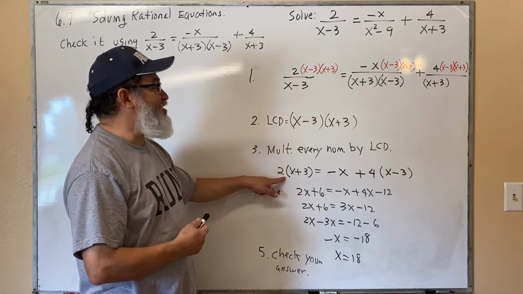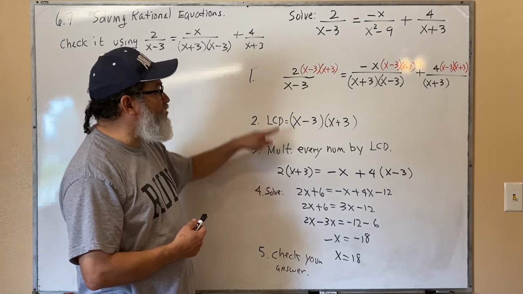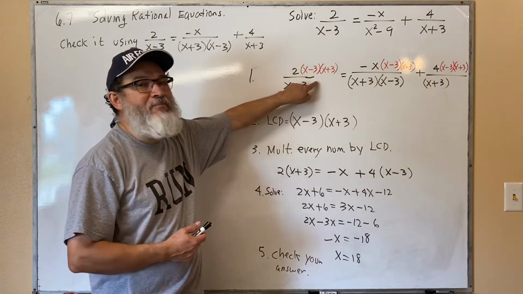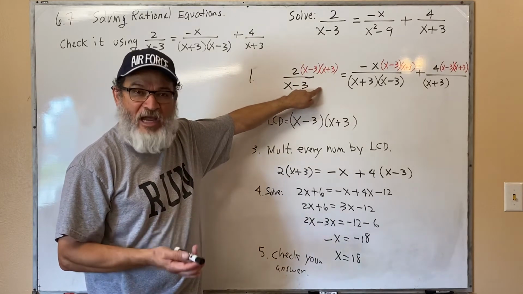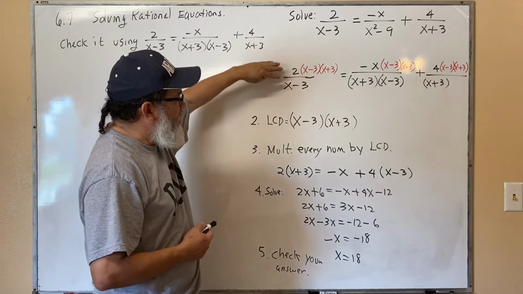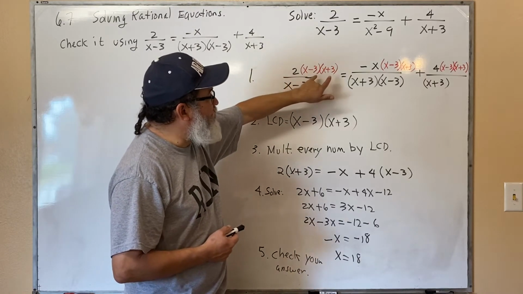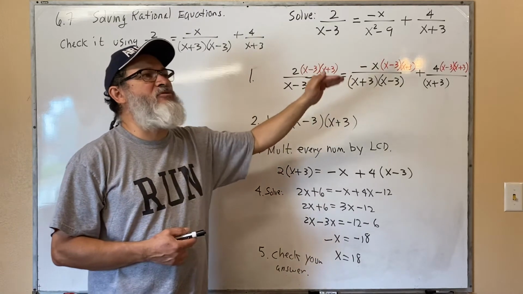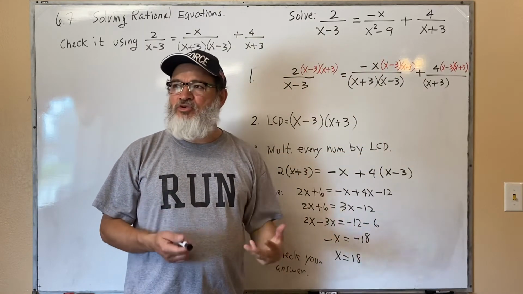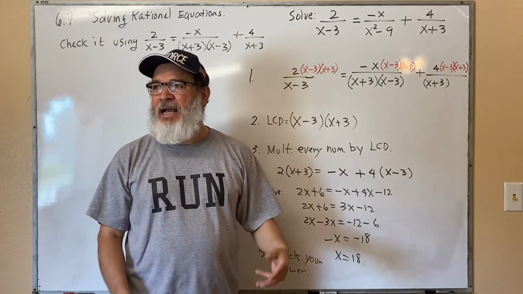But basura was introduced whenever you multiply every numerator by the LCD. So here, basura may be introduced. Basura is trash. So sometimes when multiplying every numerator by the LCD, or both sides of an equation by the LCD, you introduce basura. Okay?